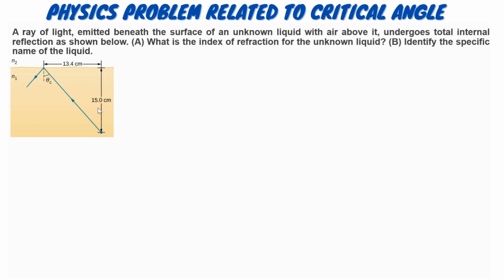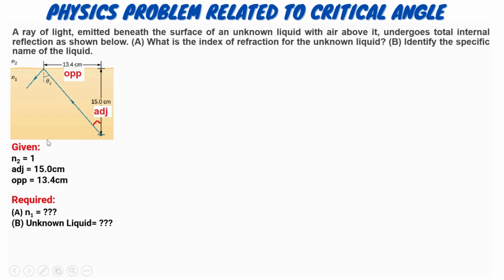So the next step is to identify the components of the right triangle. 13.4 cm is the opposite side, while 15.0 cm is the adjacent side of the right triangle, since this is the angle that we need to calculate. So, for the given variables, n2, which is air, has an index of refraction of 1.